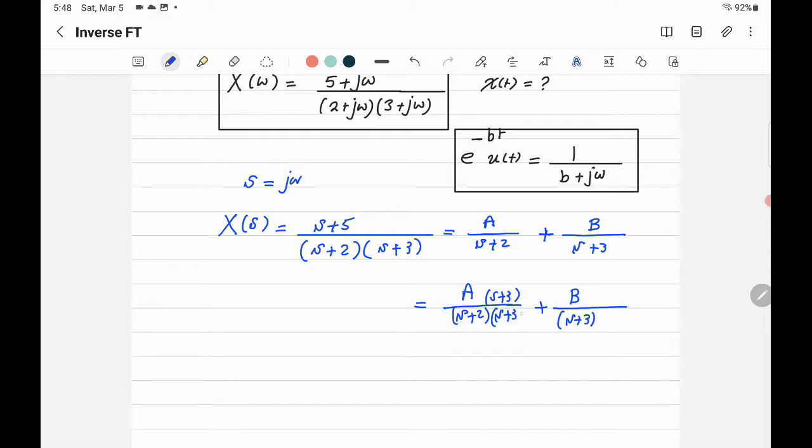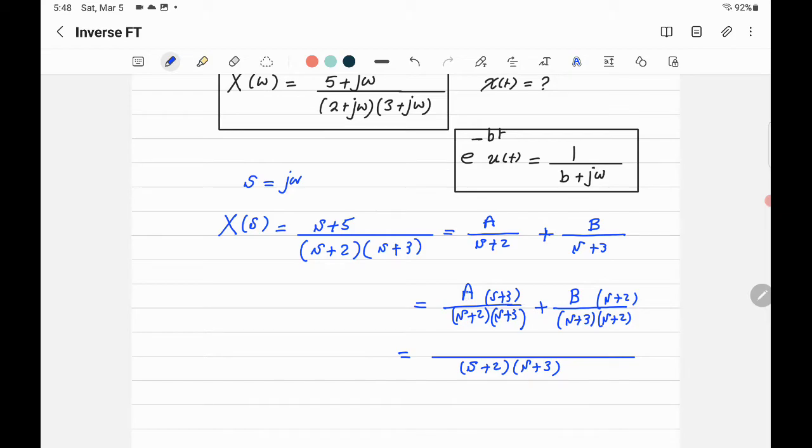Then you want a common denominator, so you multiply by s plus 2 at the top and bottom, no change. By doing that, you have one denominator, so you can write the whole thing over s plus 2 times s plus 3.